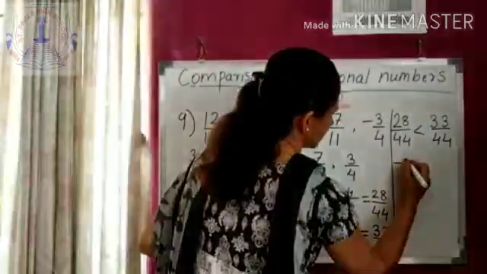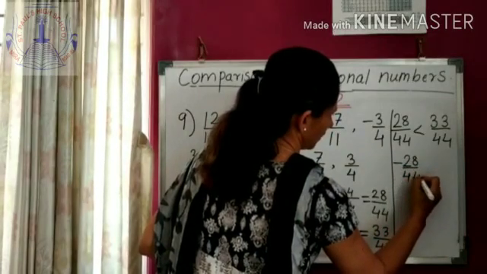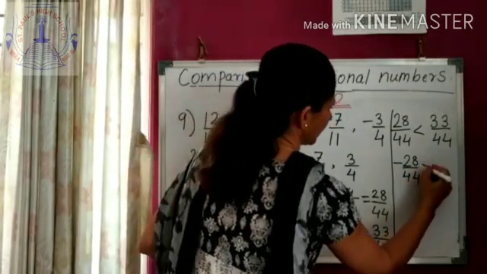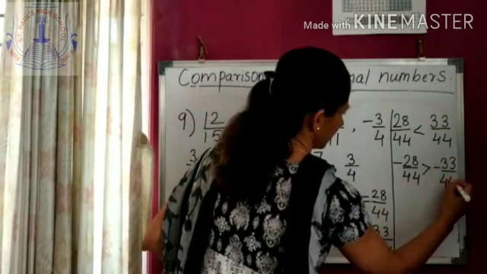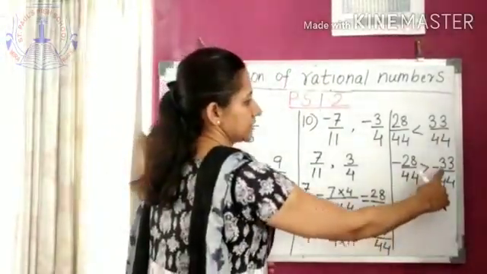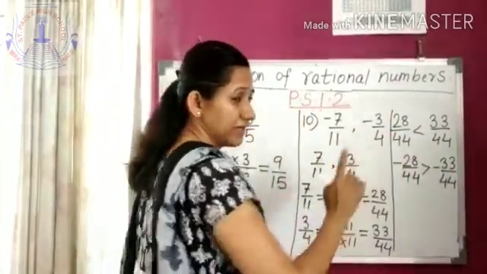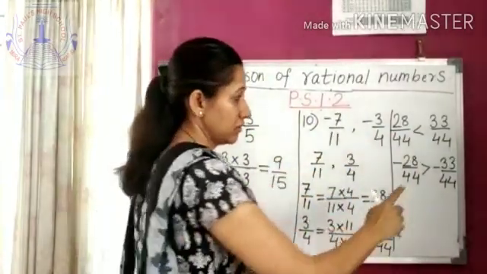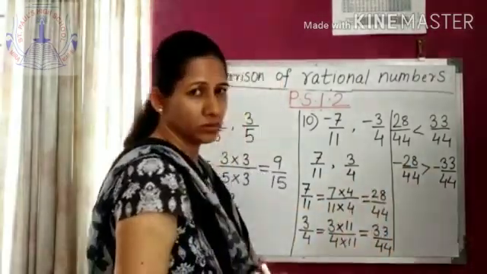So minus 28 upon 44 will be greater than minus 33 upon 44, because minus 33 will be towards the left of minus 28 on the number line. So minus 33 will be less and minus 28 will be more.